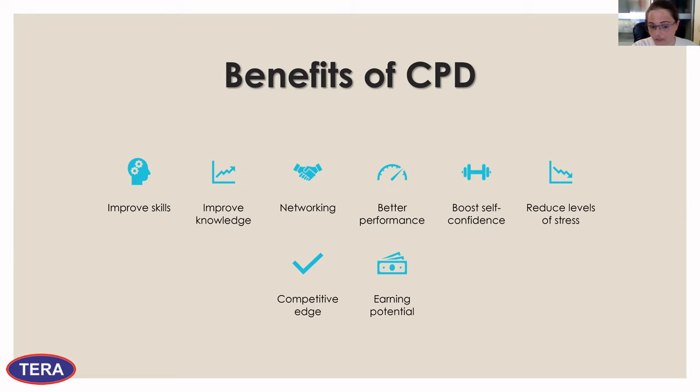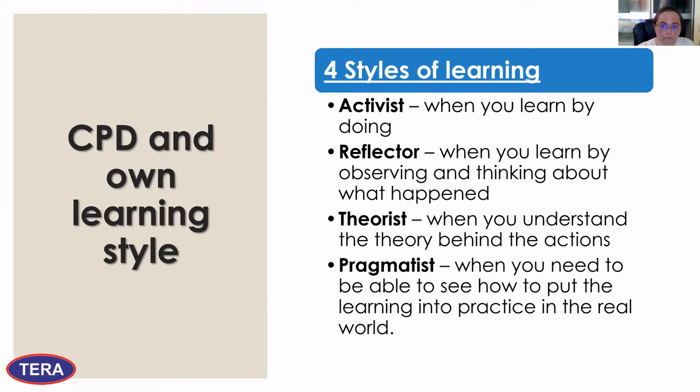And if we have all of this plus the competitive edge, we can work more, and our earning potential is really high, higher than that of our colleagues. So we need to think about all of this: skills, knowledge, networking, performance, self-confidence, stress levels, competitive edge, earning potential. This is the whole mecca of CPD benefits, okay?